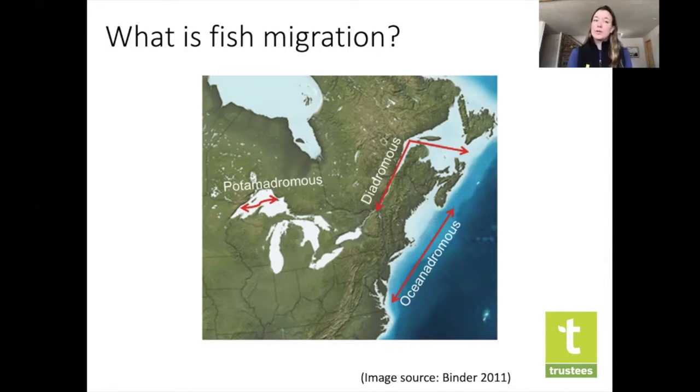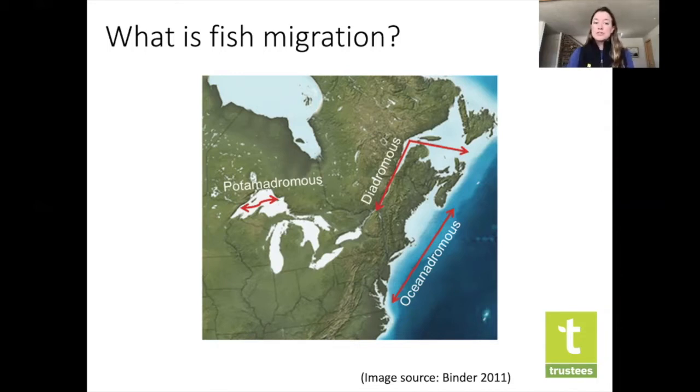Today, we're talking about and studying fish migration in particular. In fish, sometimes the needs of a population cannot be met by a single habitat. So then the fitness of individual fish, or the health of individual fish, benefits from moving to an alternative habitat or an alternative environment.